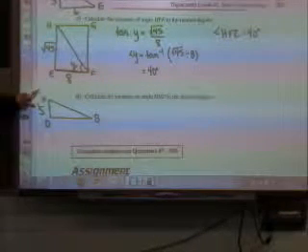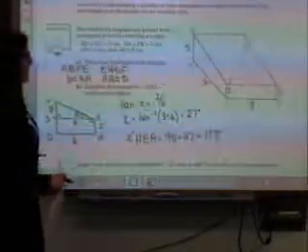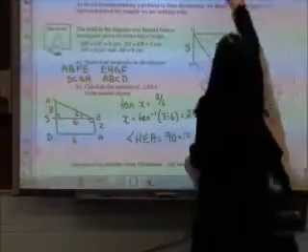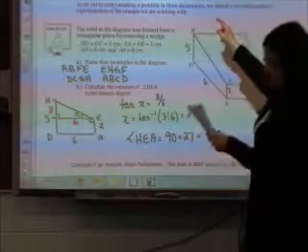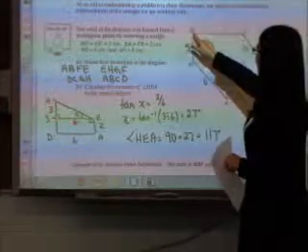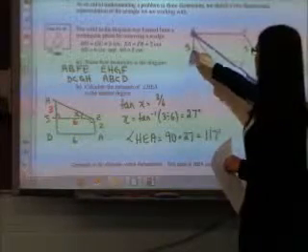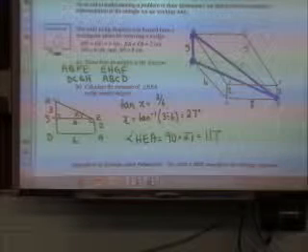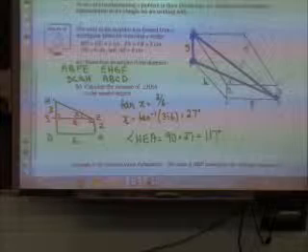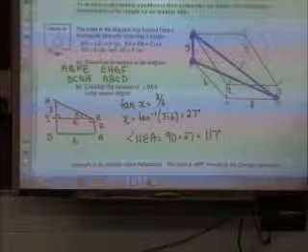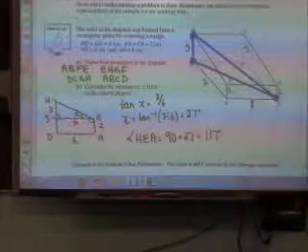So let's go back to that picture, and I'll sketch what we want in blue. I want angle H to B to D. That's the triangle I'm looking for. Is there anything on this shape I can use to find the distance from H to B or D to B?